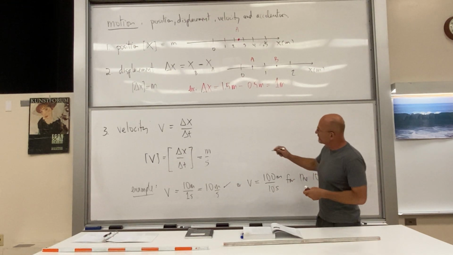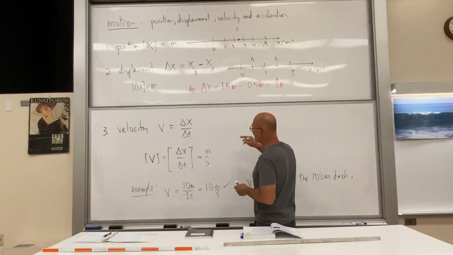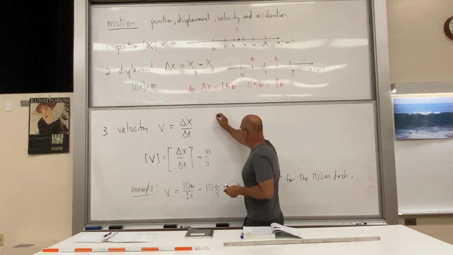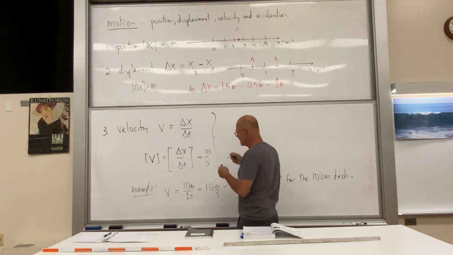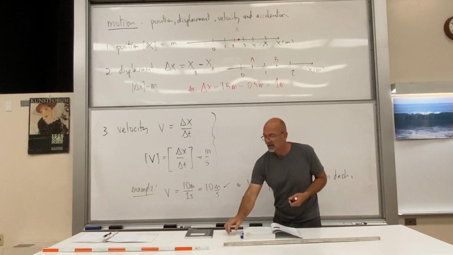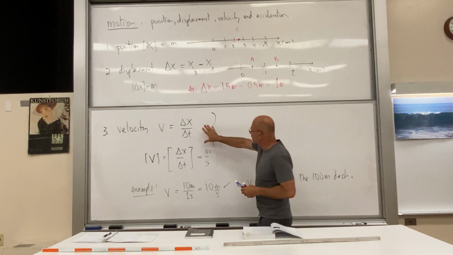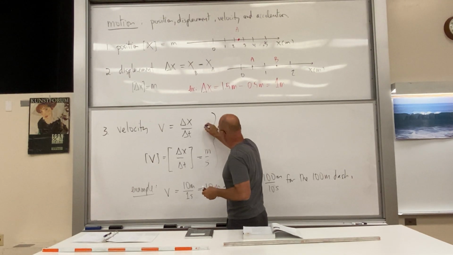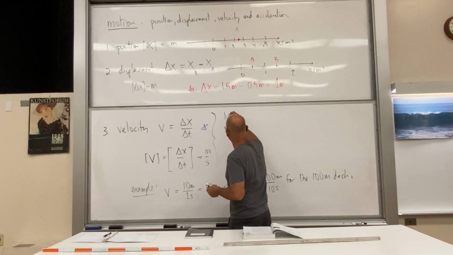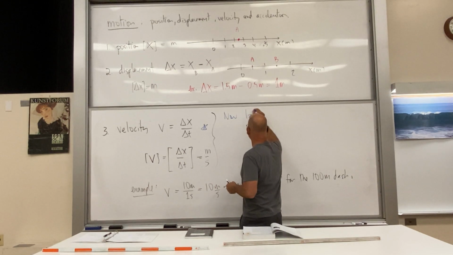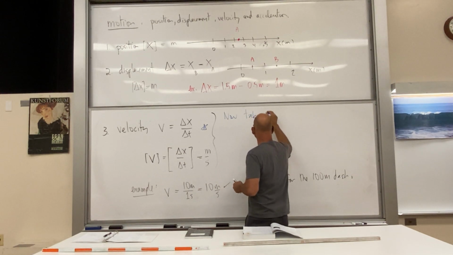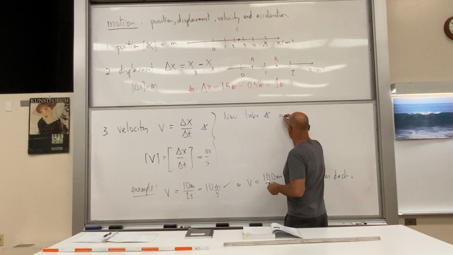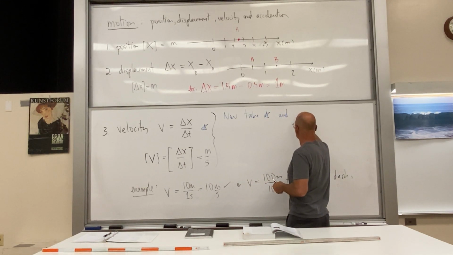What I want to do next, finally, I think I'll end with this, is do an example where we construct a graph. First of all, we're going to take this equation, equation star, and cross multiply.